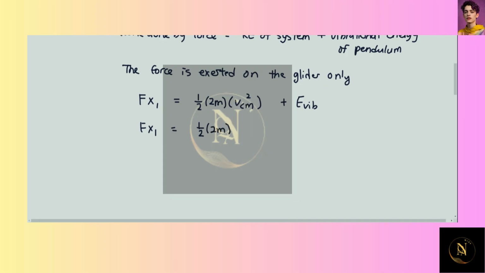The VCM squared is something that we found previously, which is F over 2m times x1 plus x2, and we can see that the 2m cancels out, and so we find that our E vibrational is F over 2 times x1 minus x2.